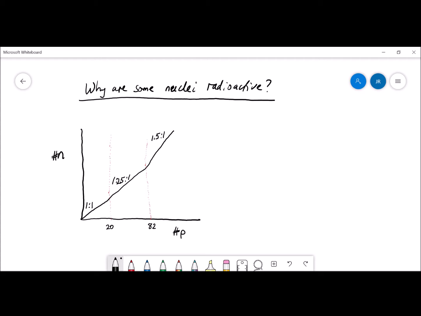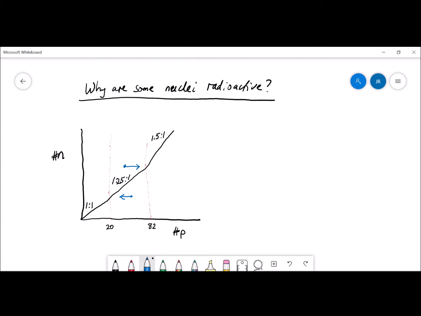So if you, let's use a blue color, if you find yourself over here, then if this is your neutron to proton ratio, you're going to decay that way. Conversely, if you find yourself over here, you're going to decay that way.